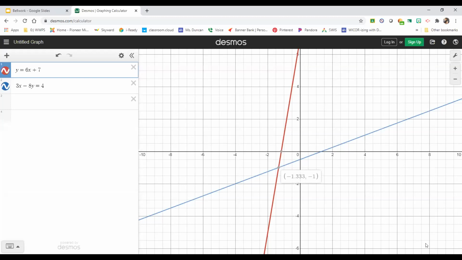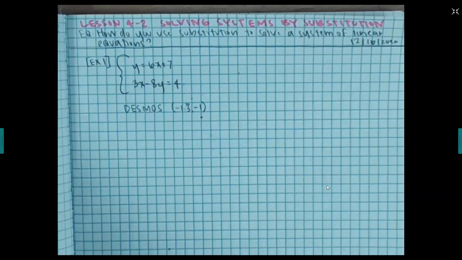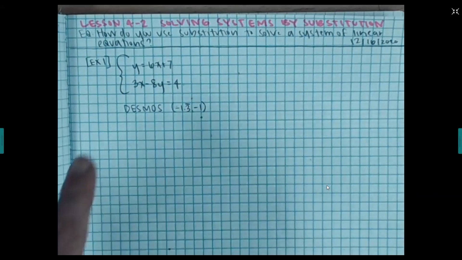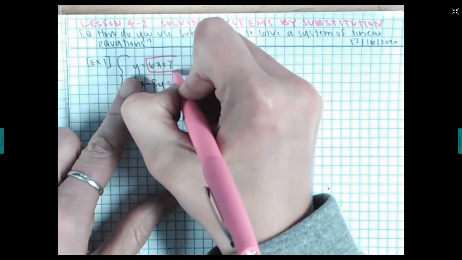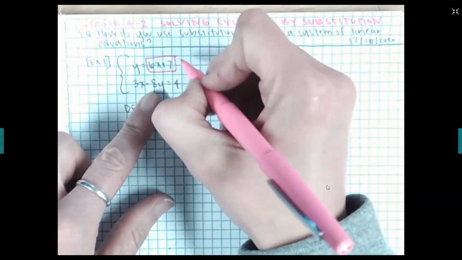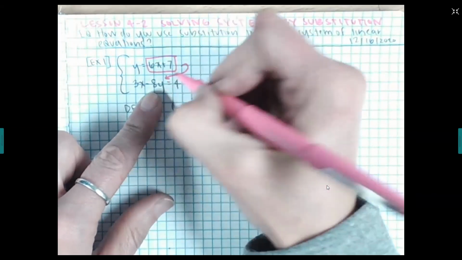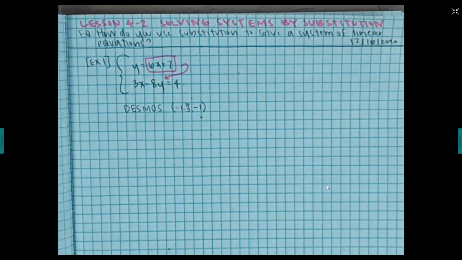Okay, so I'm going to show you now how we can get that same answer by substituting. Now, substituting is exactly what it sounds like. You're going to take whatever y equals and plug it in to the other equation where y is.